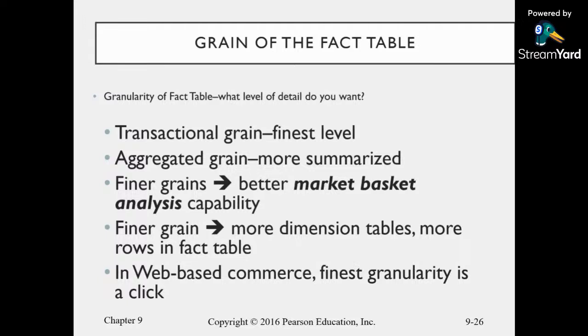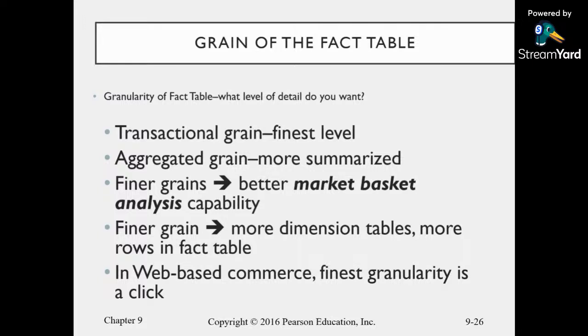Should we have a transactional grain? That's the finest level. Aggregated grain is more summarized. Fine grain gives better market basket analysis capability, more dimension tables, and more rows in a fact table.